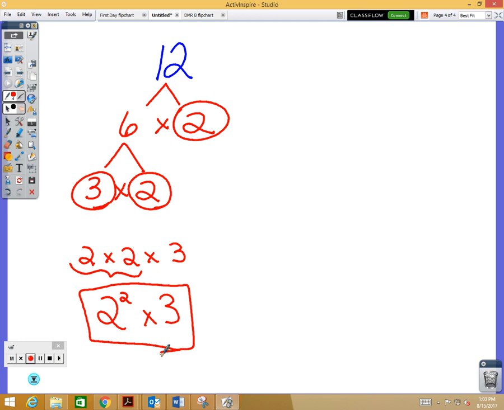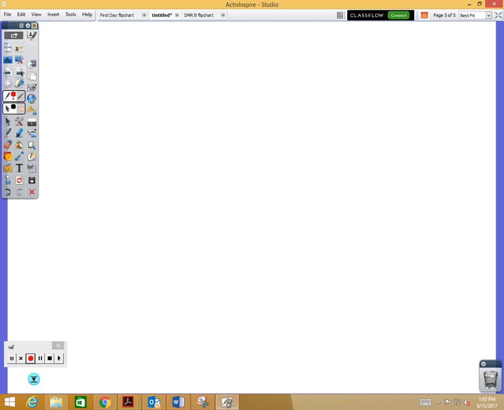Let's do 75. I need 2 numbers besides 1 and 75. 2 numbers I can multiply together. 25 and 3. Was anyone else thinking about money? I was.